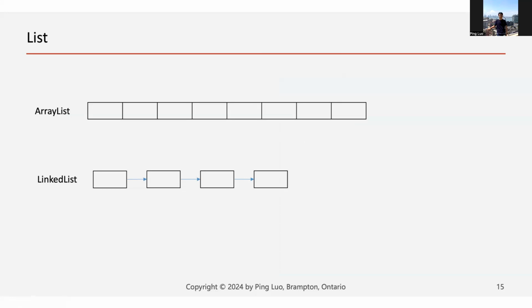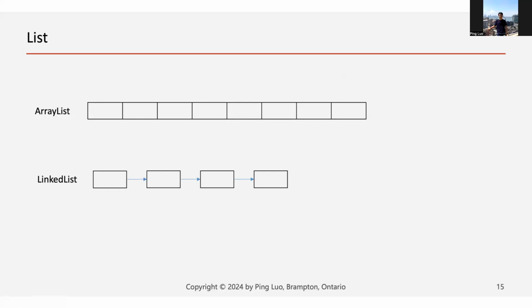But if I have 100 more numbers, I can't dynamically extend those cells. I have to create a new one, copy the existing one to that new one, and then do all the operations, which is very inconvenient if you want to change the size.